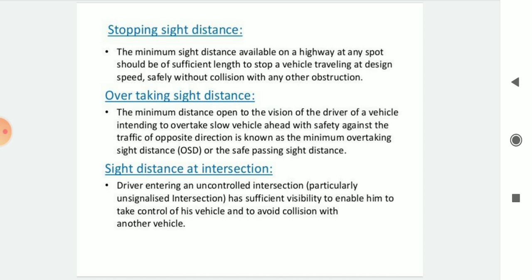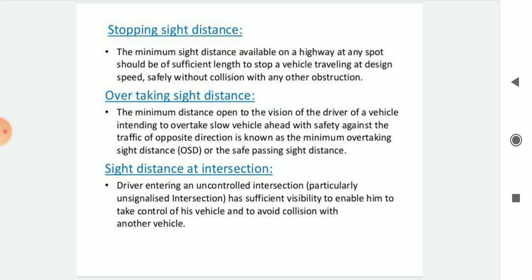The minimum sight distance available on a highway at any spot should be of sufficient length to stop a vehicle traveling at design speed safely without collision with any other obstruction. That means the distance which is required for stopping the vehicle without any accident.